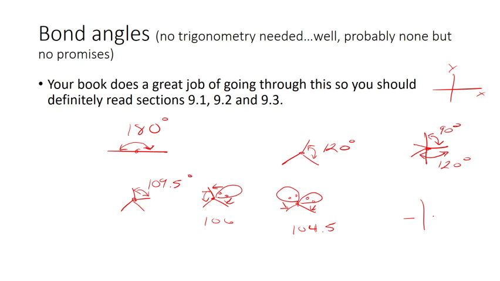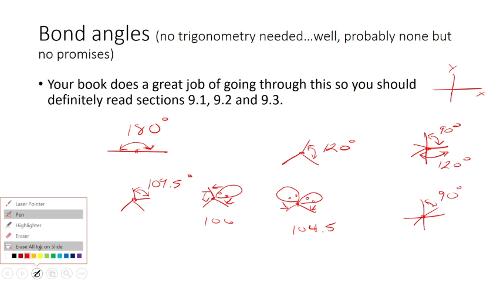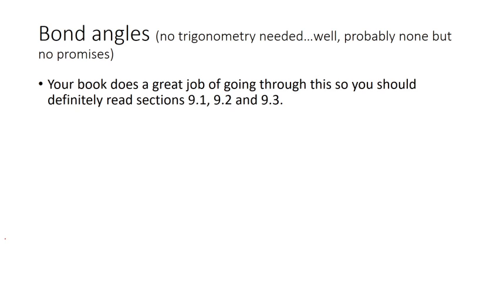And then our octahedral, this one is going to be all the same angle, and they are all 90 degrees. So those are the bond angles for all of your bond shapes. Again, look in your book because they do a good job of showing what's going on.